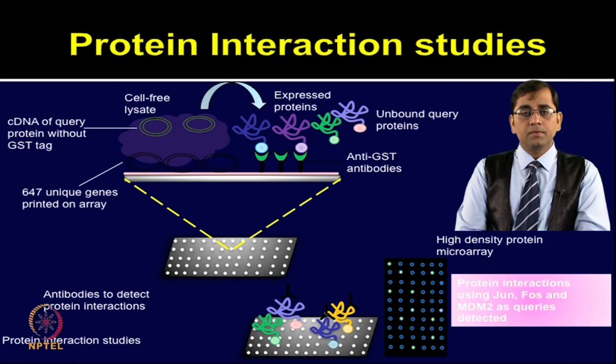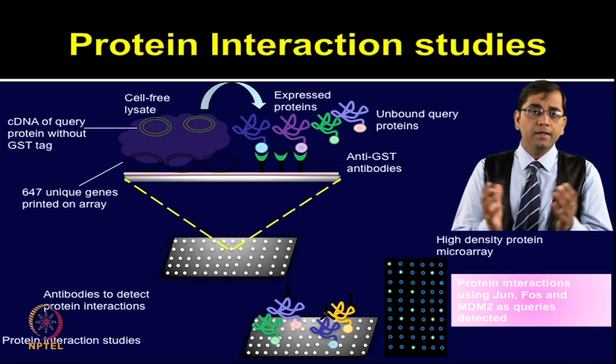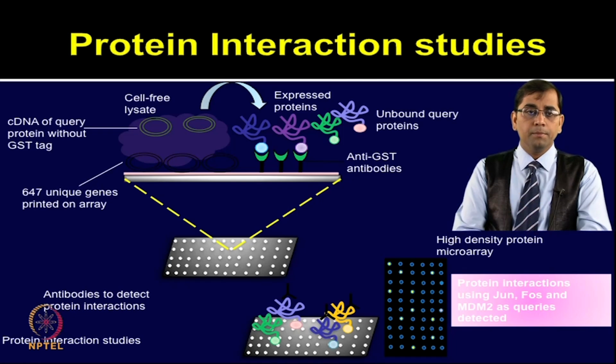Many times these interactions become unidirectional. It becomes very tedious to show that the interaction is working in either of these directions. But in this study, authors showed that the protein interaction of the Jun-Fos protein pair can be shown in both directions.